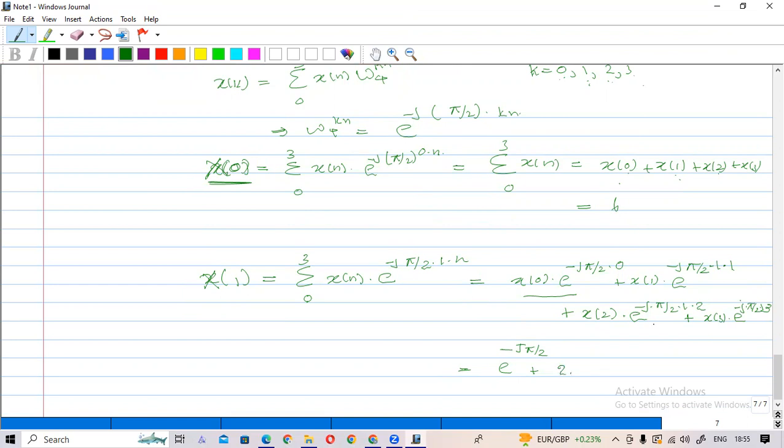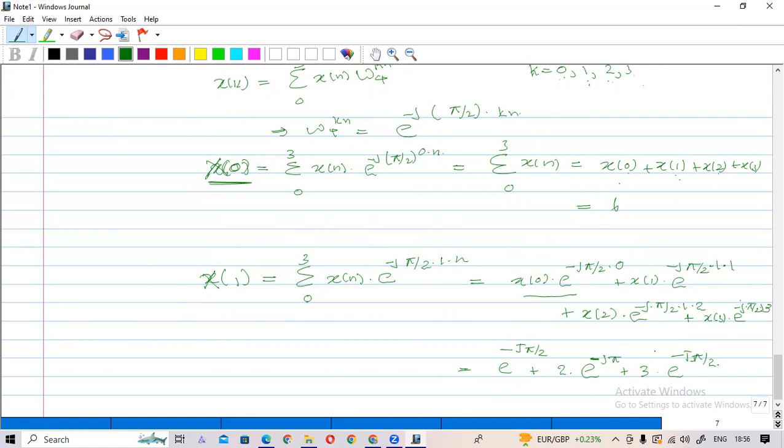So you will have 2 e to the power j pi, since this 2 and this 2 cancel out, plus x3. x3 is equal to 3, no? So you will have 3 e to the power minus j 3 pi by 2, like this.